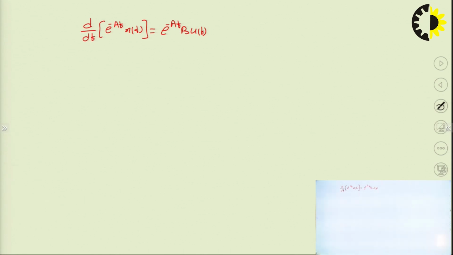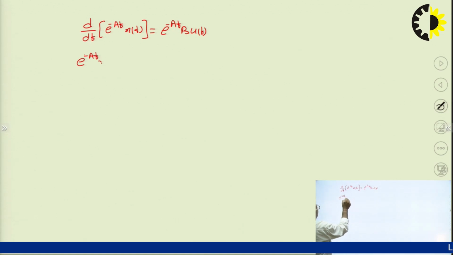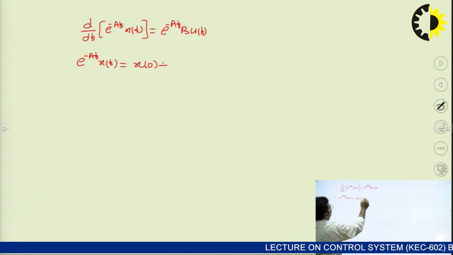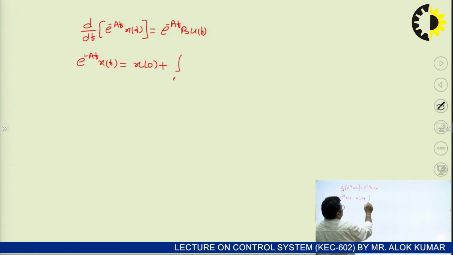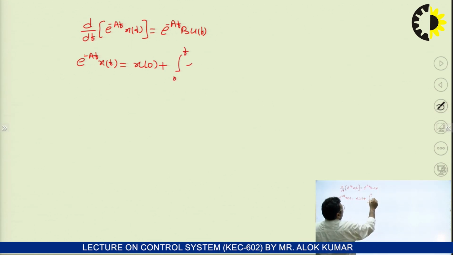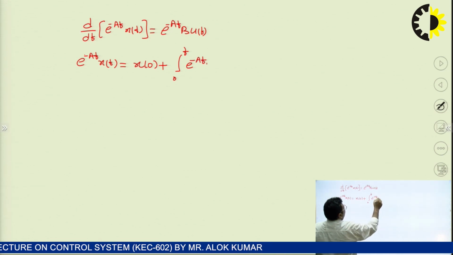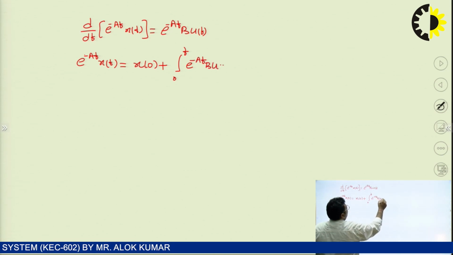Now if I integrate this equation, what will I get? e to the power minus at xt is equal to x naught plus integration 0 to t e to the power minus a tau b u tau d tau, right?